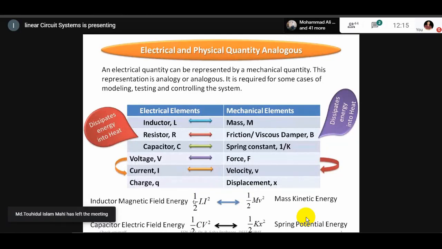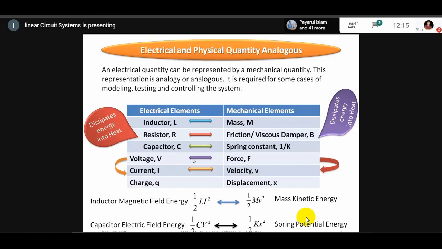From this slide, you will learn that if you want to convert any physical system into an electrical circuit, it is possible.